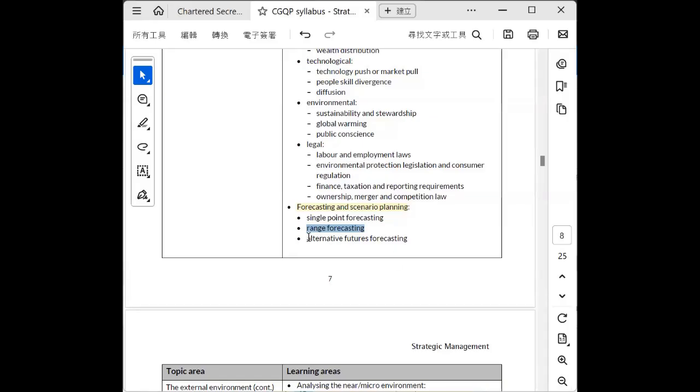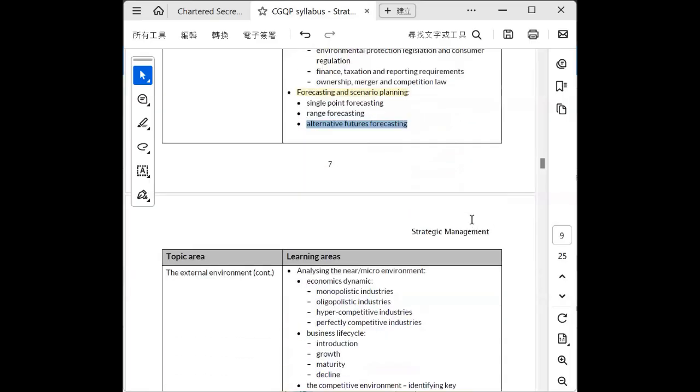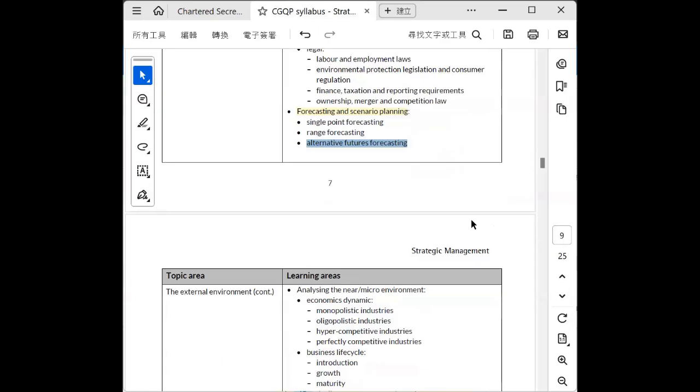The third one is alternative future forecasting. So it explores multiple distinct scenarios. Usually they are known as optimistic futures, pessimistic futures, and disruptive futures.